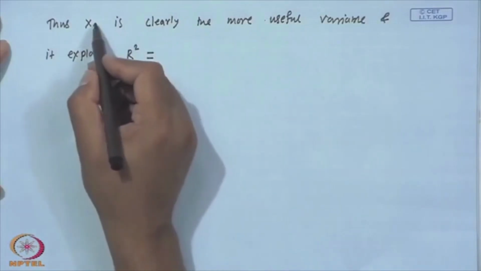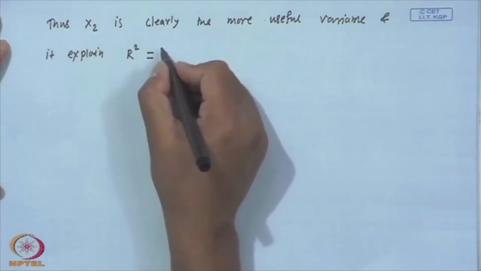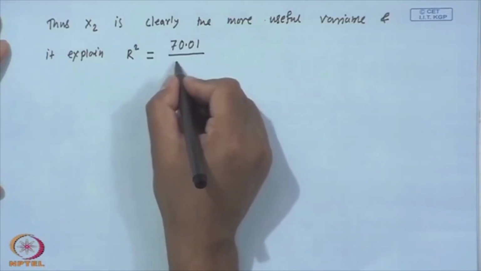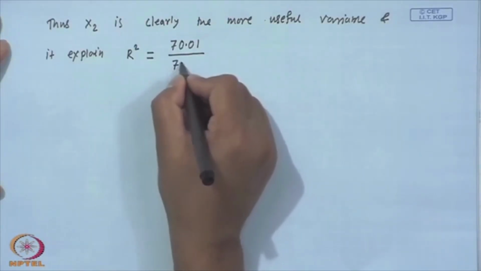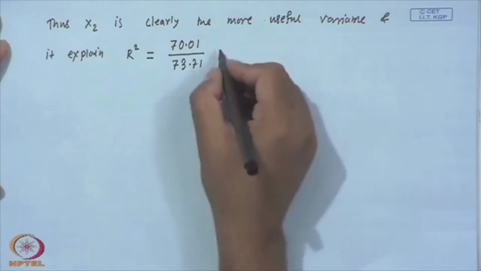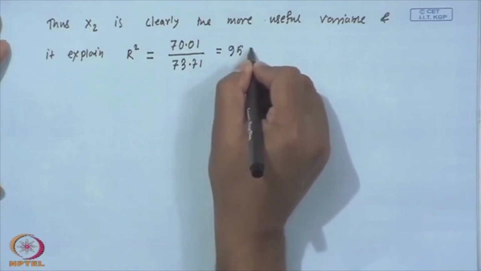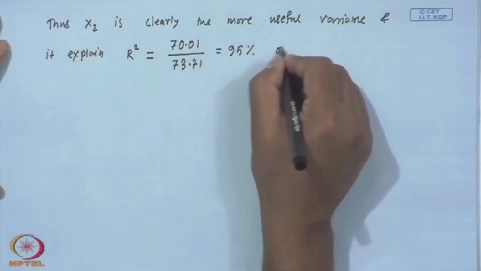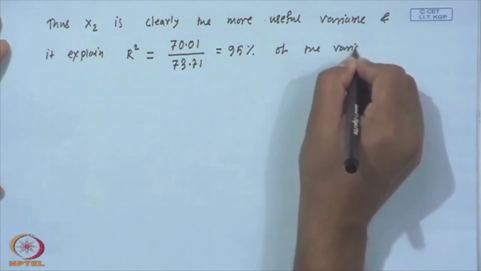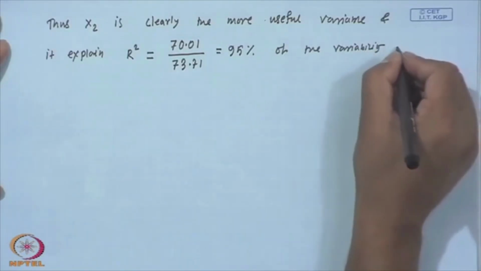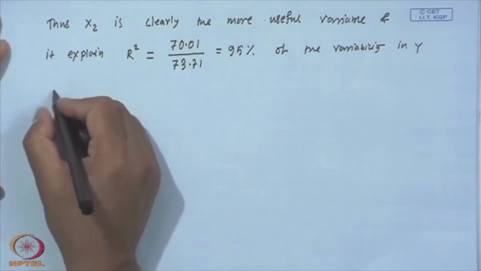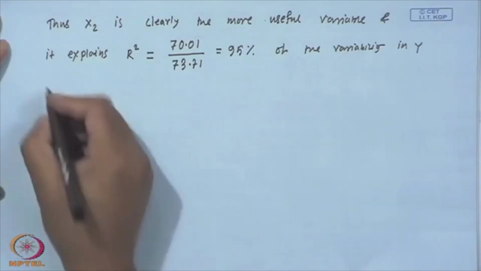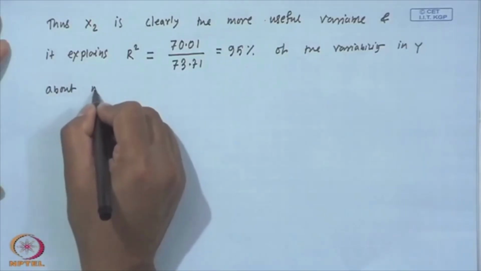So, for the model involving x 2 alone, we have observed that the SS regression is 70.01 and the total variability in the response variable, SST, is 73.71. Okay. That means, 95% of the total variability is explained by x 2 alone. So, it explains 95% of the variability in y about mean.